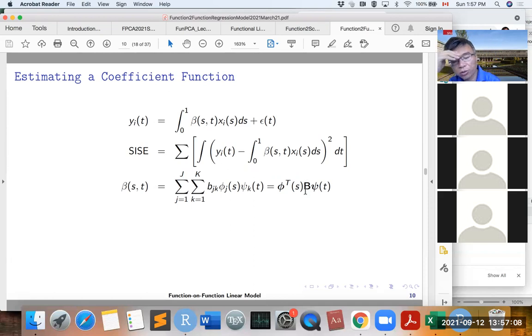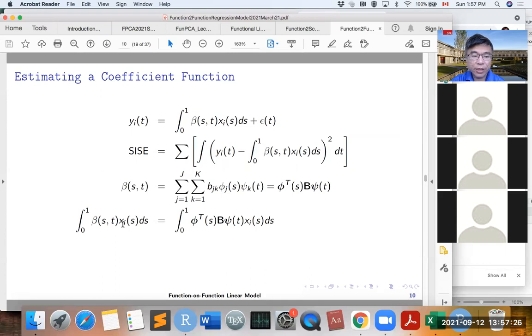Okay, so now we want to estimate the basis coefficient matrix B here, by minimizing this sum of integrated squared error.